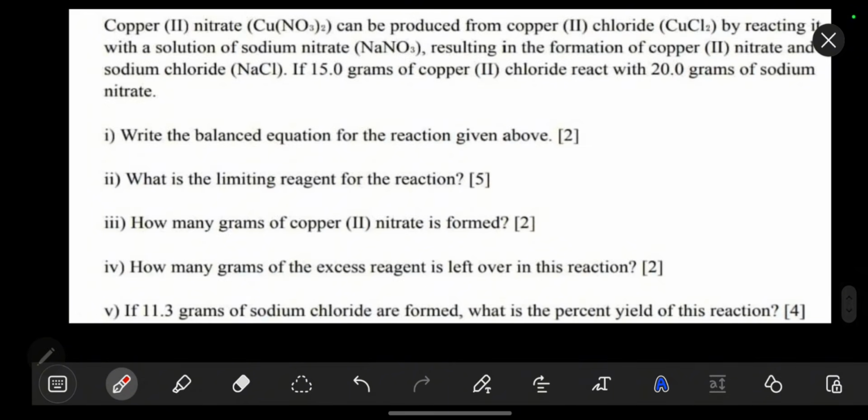If they ask us how many grams of copper 2 nitrate is formed, we are going to use the limiting reagent.